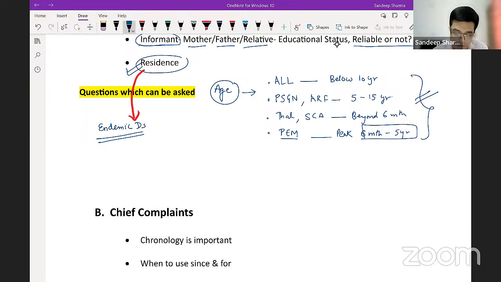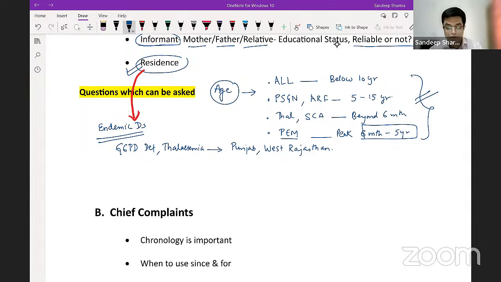In India, remember that G6PD deficiency as well as thalassemia are very prevalent. They are more common in Punjab and upper parts, or you can say West Rajasthan. It does not mean that everyone in Punjab is having G6PD deficiency, but the prevalence is more common in these areas.